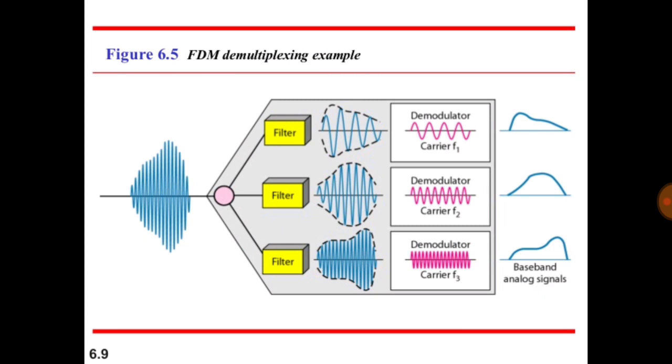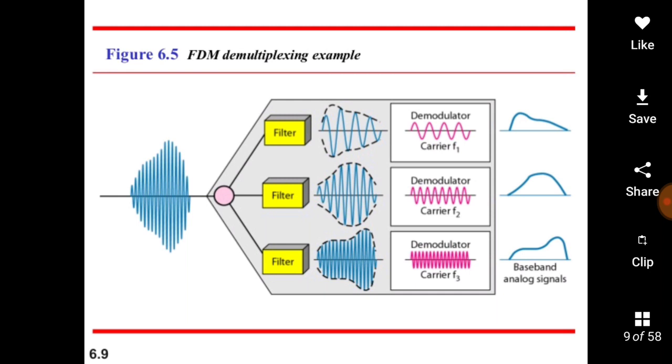At the receiver side, how do I demultiplex the signal? Here I already told you each and every message has a different carrier frequency. At the receiver side I use different band pass filters. By using the band pass filters I can easily separate the carrier frequency from the message.